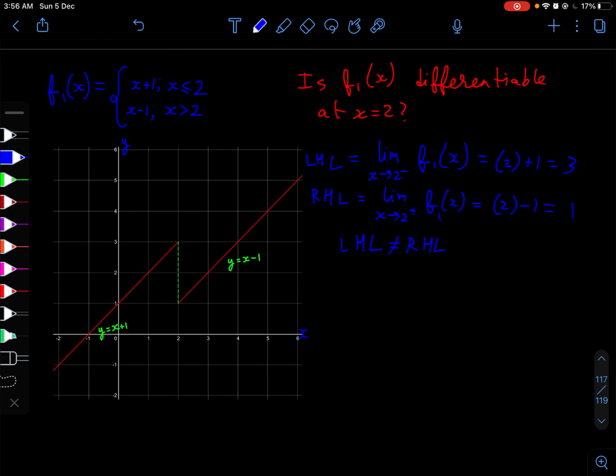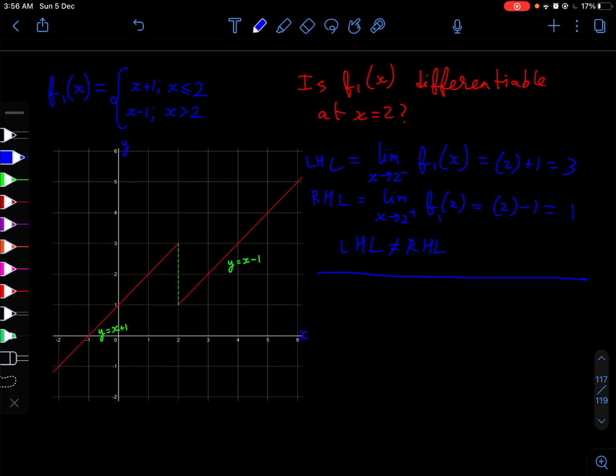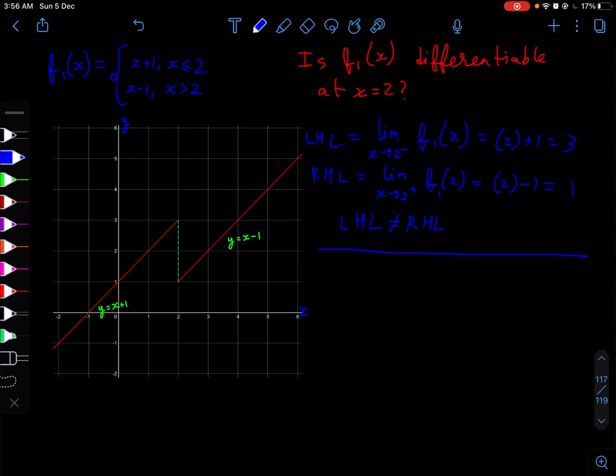Well, if we were to proceed with the differentiation method instead of doing step 1, then the left hand derivative using differentiation will be the differentiation of x plus 1 with respect to x, which is equal to 1, and the right hand derivative using differentiation will be the differentiation of x minus 1 with respect to x, which is also equal to 1.